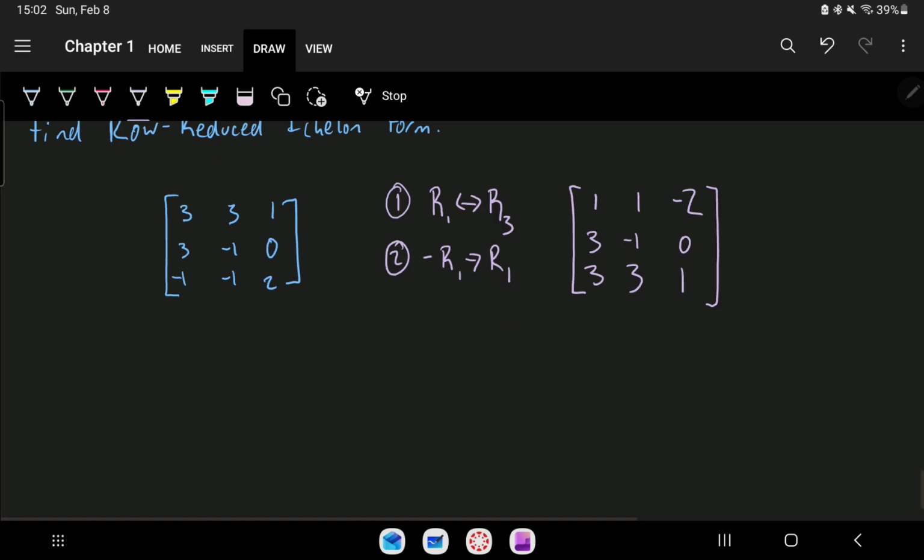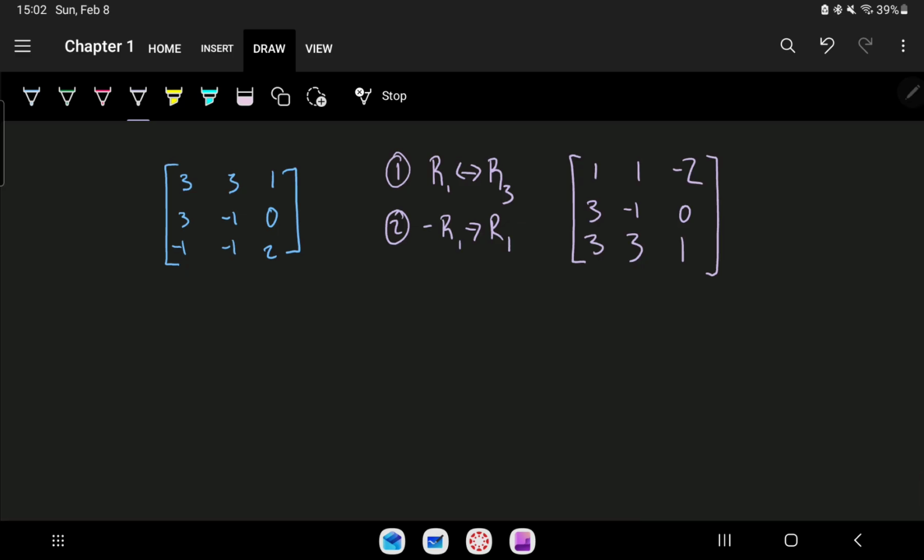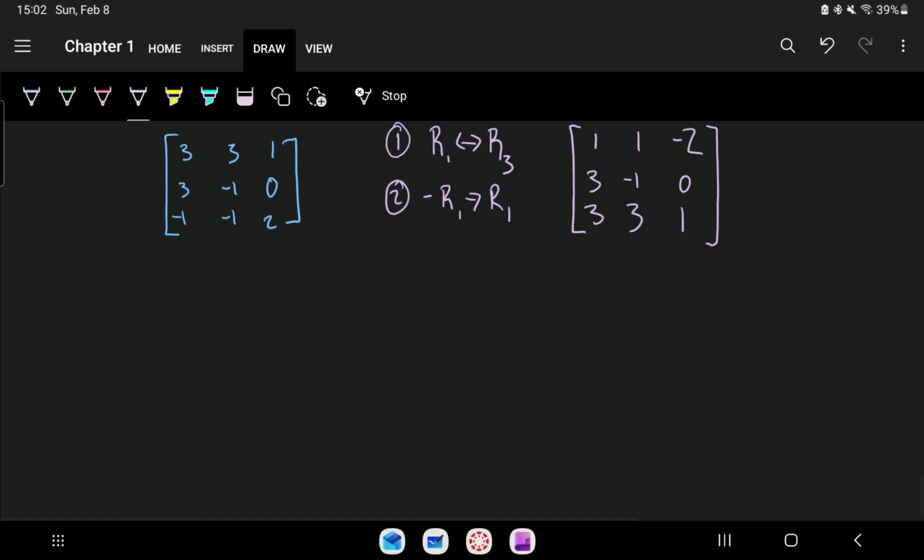And you can already see you're saving yourself so much writing, because instead of doing the whole squiggly bracket with all the variables and operations, all you need to do is write an array of numbers. So from here, my third and fourth steps are going to be eliminating these, so that we have zeros below that leading 1, as is part of the requirement. It looks like I can do the exact same operation on both.